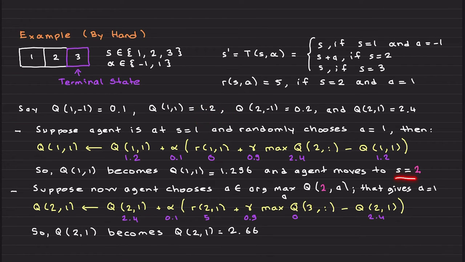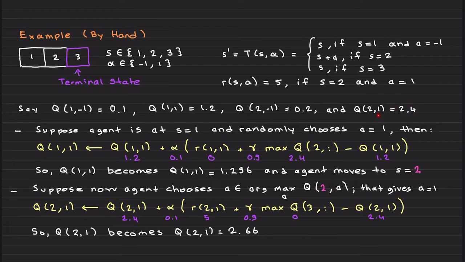And agent is now at the second state. And now suppose agent is not choosing randomly. I will show you the logic. I am looking at argmax. Since I am at the second state, I am looking at which action maximizes my Q table. So in the second state, the first action has a number of 0.2, and the second action has a number of 2.4.